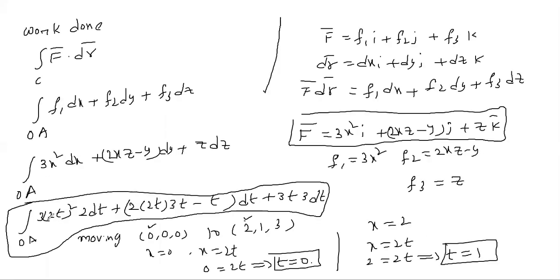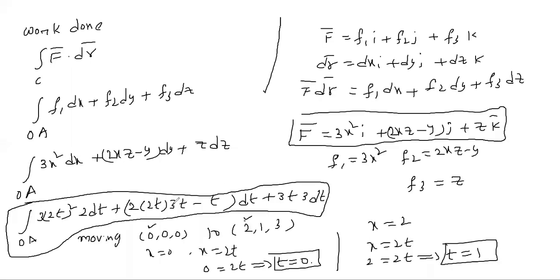Multiplier 3 into 2t whole square. 2t whole square means 4t square. 3 into 4t square, 4 threes are 12. So 12t square dt.